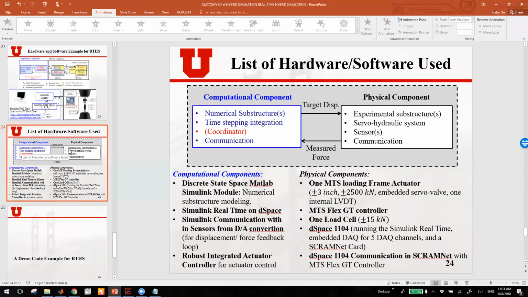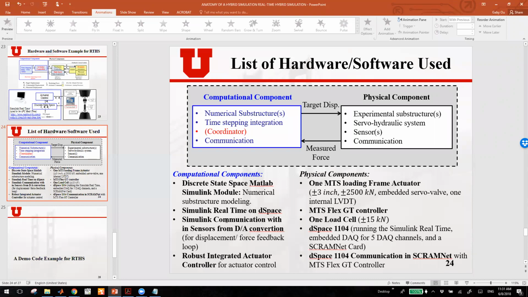So the list of equipment we used for real-time hybrid simulation, also following the computational and the physical component, is the numerical substructure we modeled with MATLAB Simulink module and this discrete state space MATLAB Simulink module. And we run the computational component on DSpace, which is a real-time machine for Simulink real-time or XPC target.